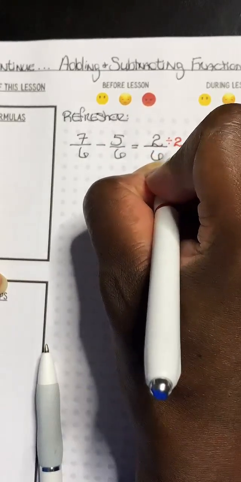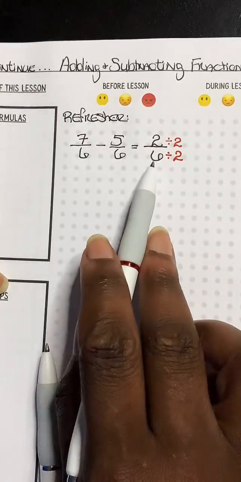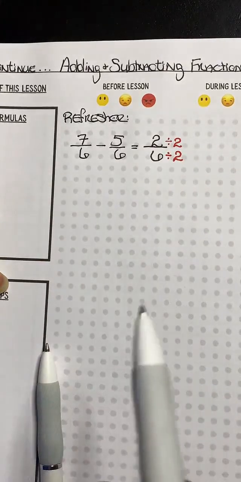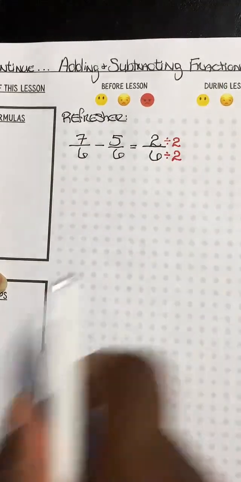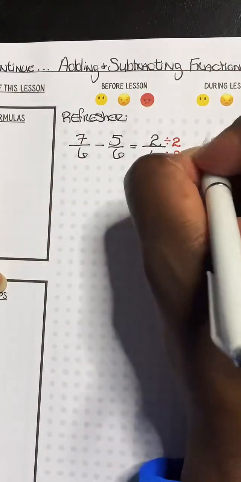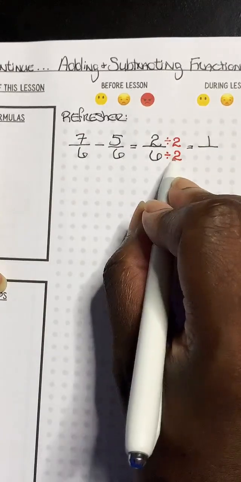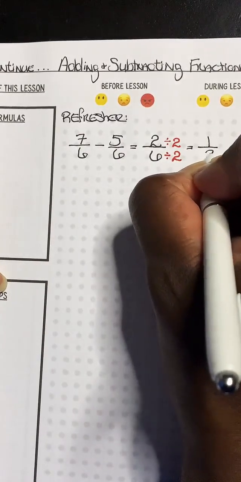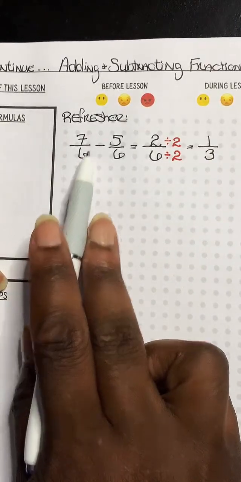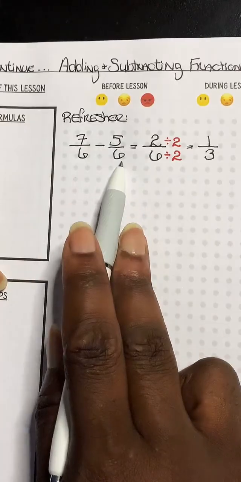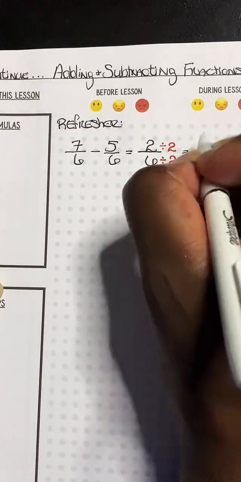So what I'm doing, I'm taking that common number and I'm dividing it to make it even smaller. So 2 divided by 2, that will give me my 1. And the 6 divided by 2, that will give me my 3. So that means the difference of 7/6 and 5/6 will give me a result of 1/3.